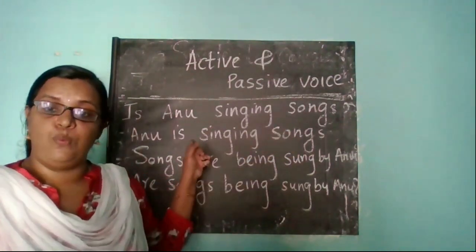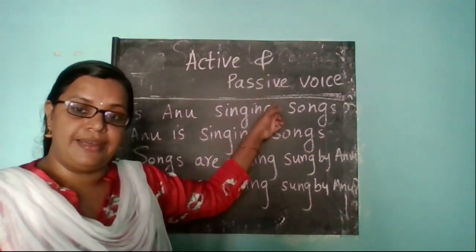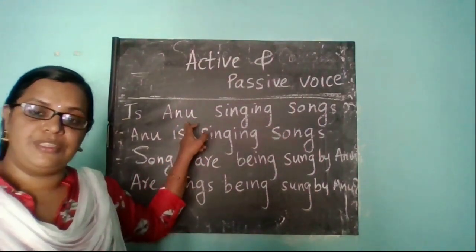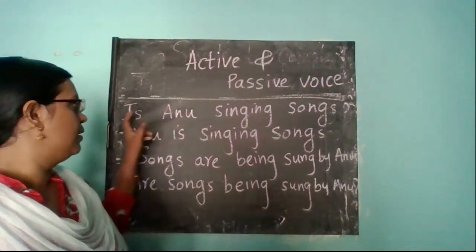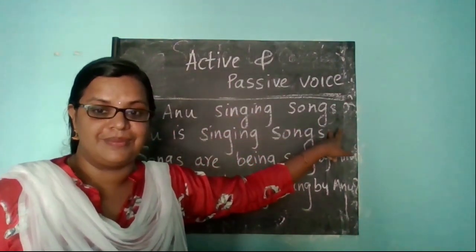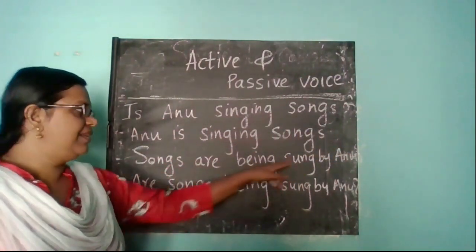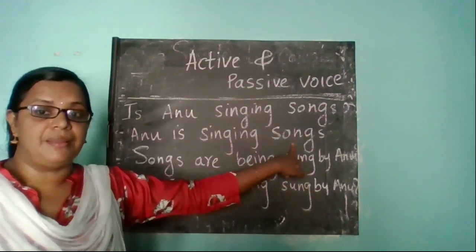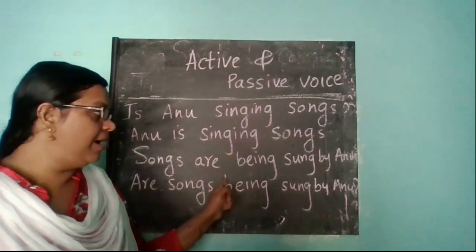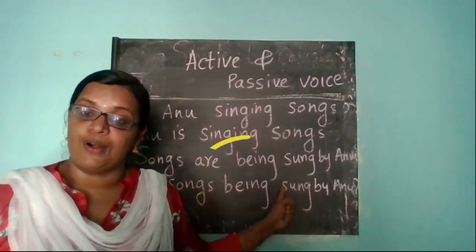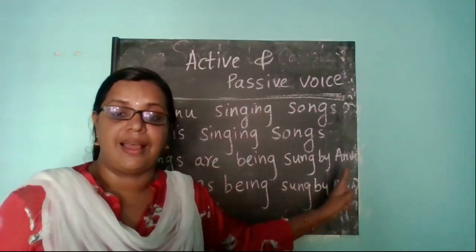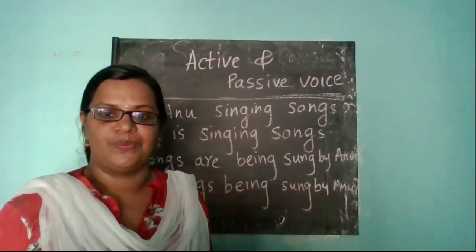You can convert the given interrogative sentence into an assertive sentence, which is the subject Anu is singing songs. Then write the passive form of the sentence. Songs are being. Don't forget to write this keyword. Being, then V3. Sung by Anu.